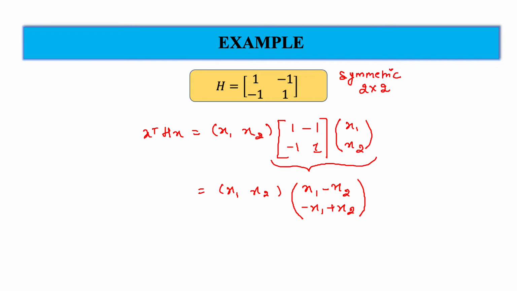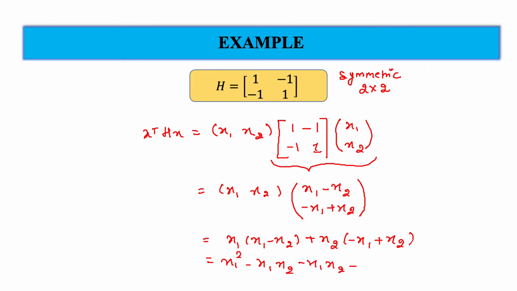Now when you multiply these two you will get x1 into (x1 minus x2) plus x2 into (minus x1 plus x2), which will be x1 square minus x1x2 minus x1x2 plus x2 square, which is nothing but (x1 minus x2) whole square.